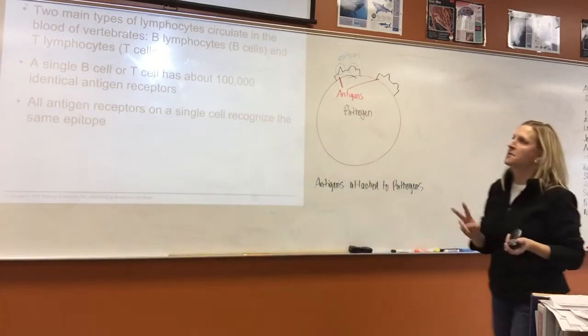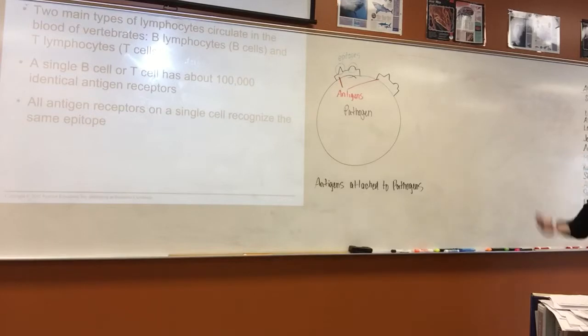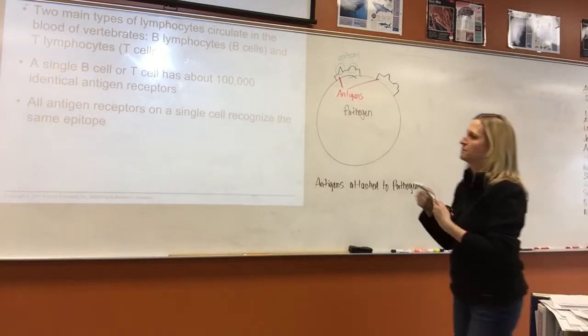Two main types of lymphocytes circulate in the blood of vertebrates. Because remember, this only happens in vertebrates. It doesn't happen in other animals. The B lymphocytes are called B cells, and the T lymphocytes are called T cells. A single B or T cell has about 100,000 identical antigen receptors. These antigen receptors on a single cell recognize the same epitope.